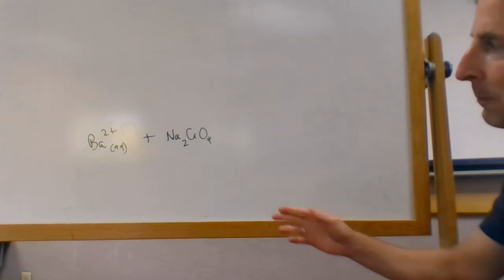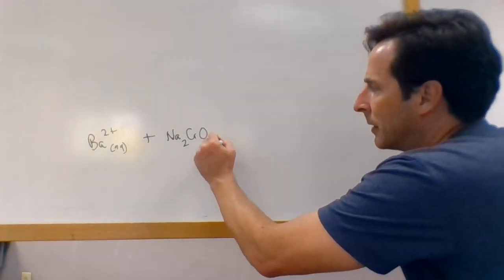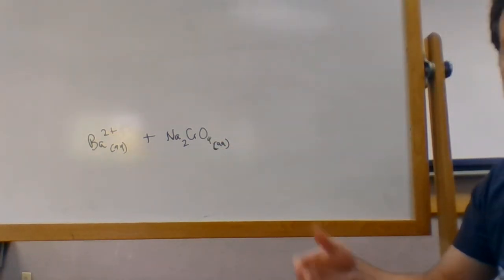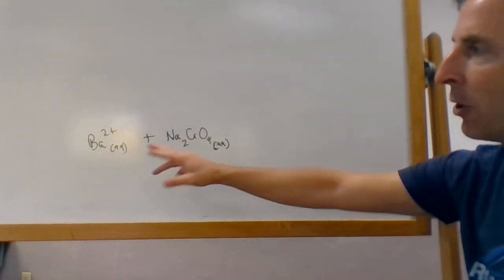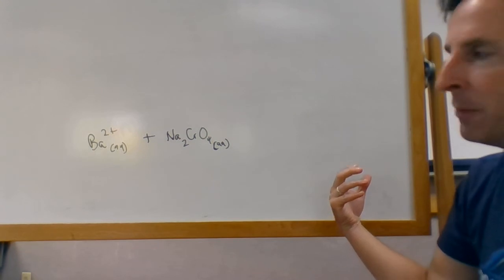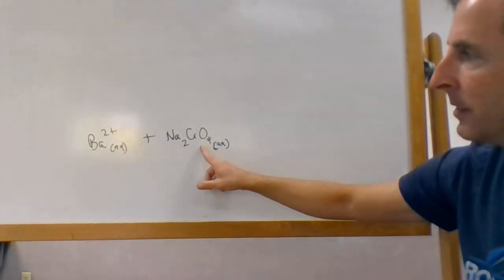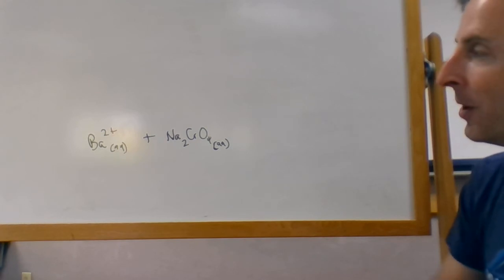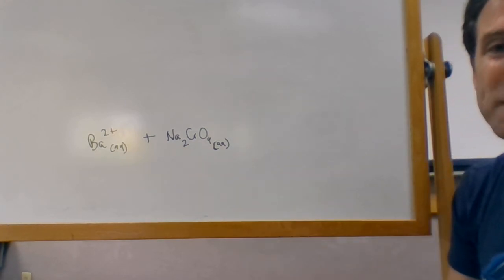Now, that's going to be aqueous. I'm going to add sodium chromate specifically with the intention of getting all the barium to precipitate, because the barium and the chromate are going to be insoluble with each other. So the sodium is actually just a spectator.